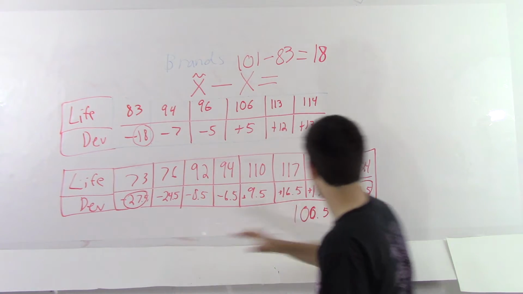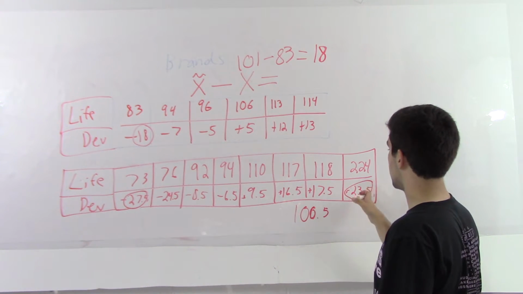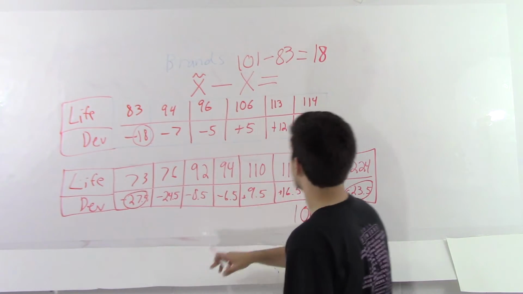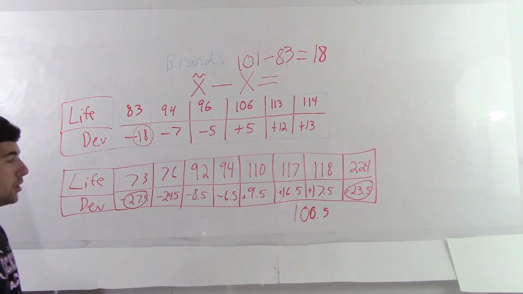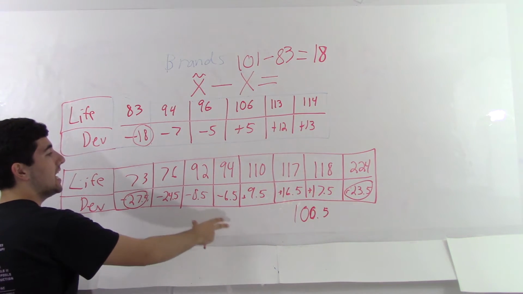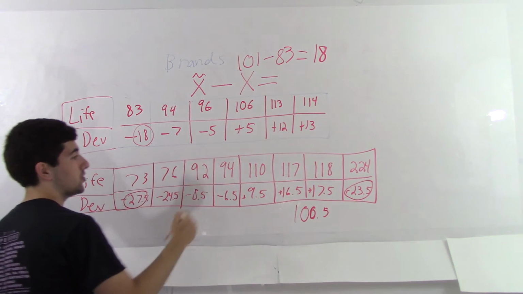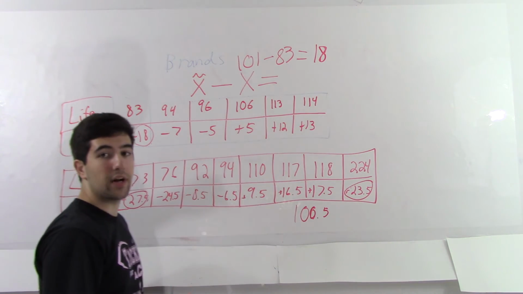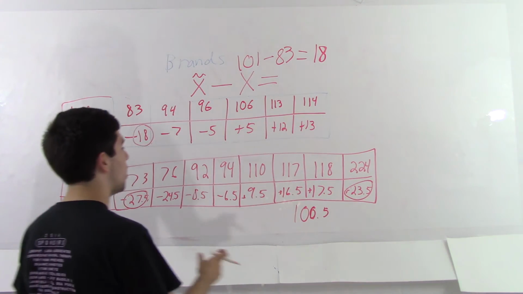And that's a much larger range, from 224 to 73 instead of 114 to 83. So what this deviation does is it proves that there's more variability here than there is here because there's a bigger range, and there are a lot more points that are much larger or much smaller than our mean.